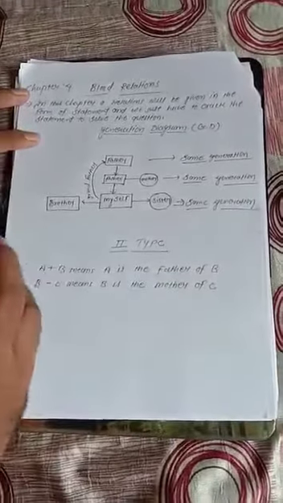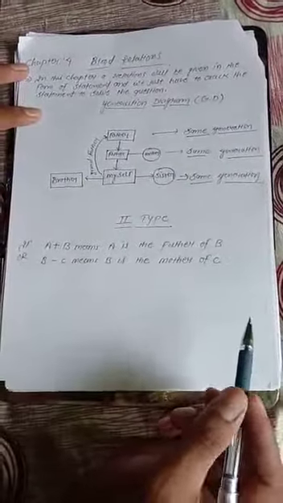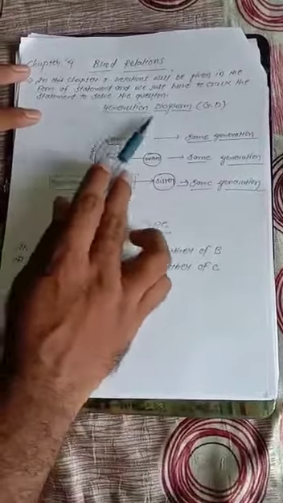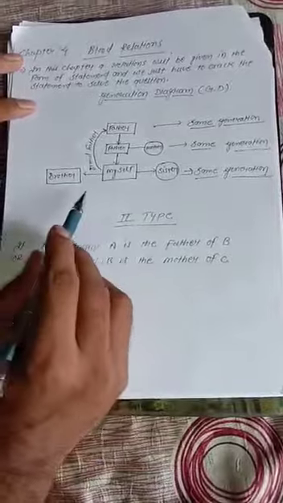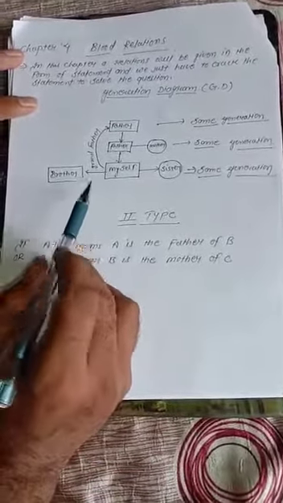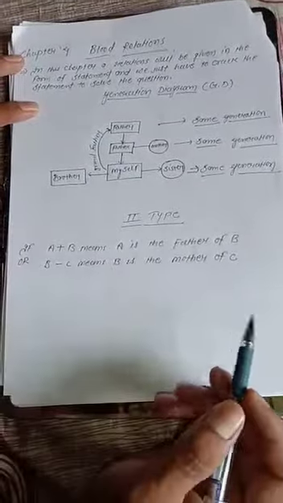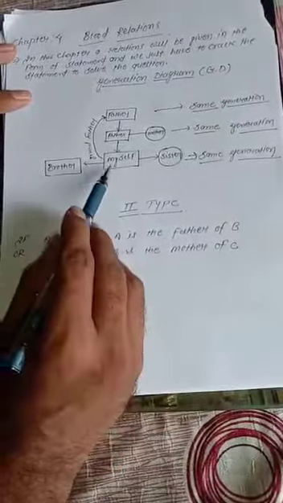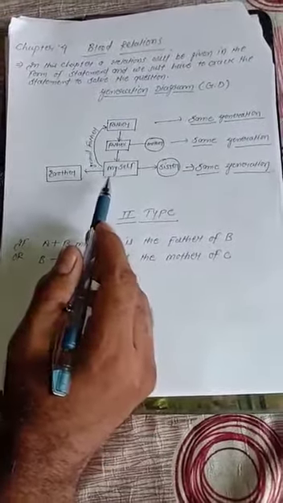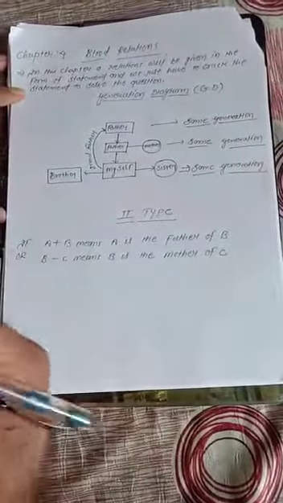To solve this kind of statement, we will use a generation diagram. Now what is this generation diagram? This is quite a helpful thing if we want to solve blood relationship problems. That means just imagine yourself. If you are imagining yourself, suppose I am imagining myself, so what will be our generation?